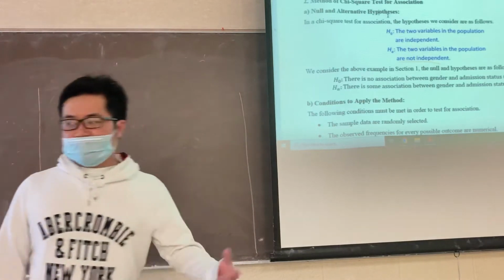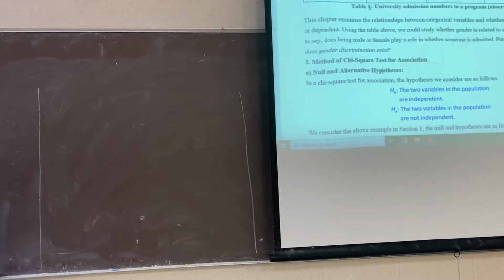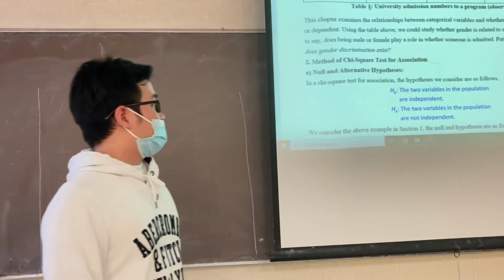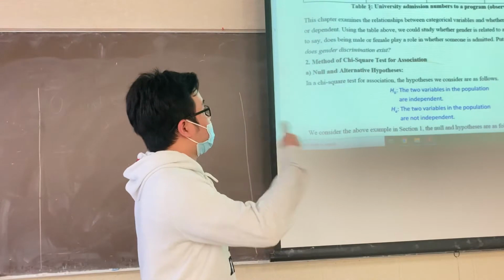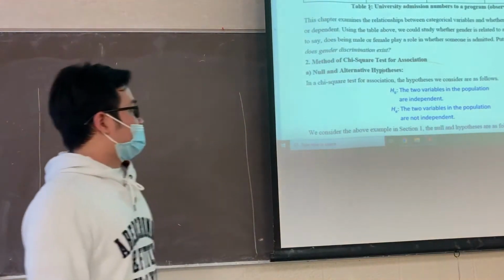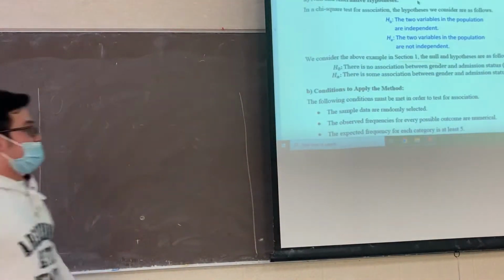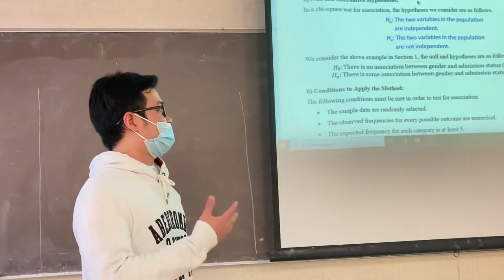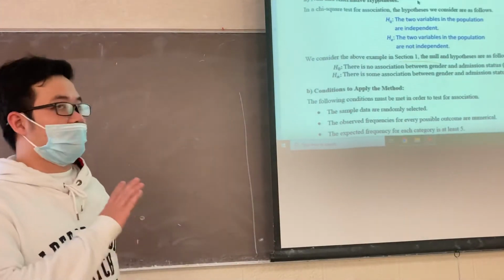In the table here, the question is, does gender discrimination exist? That means we have two variables here: gender and admission status. The null hypothesis is that there is no association between gender and admission status, so they are not related.